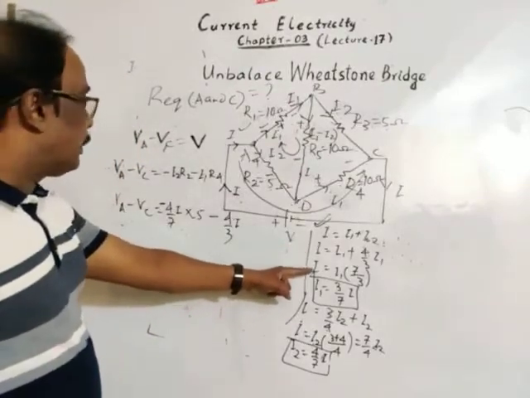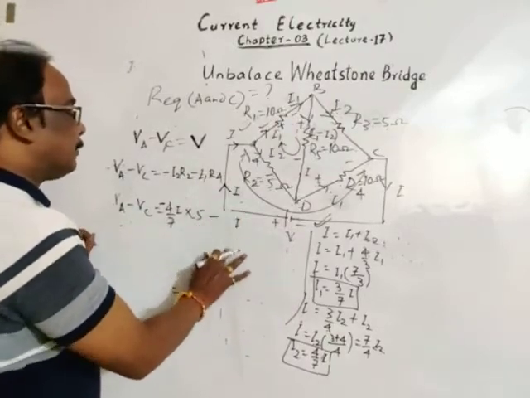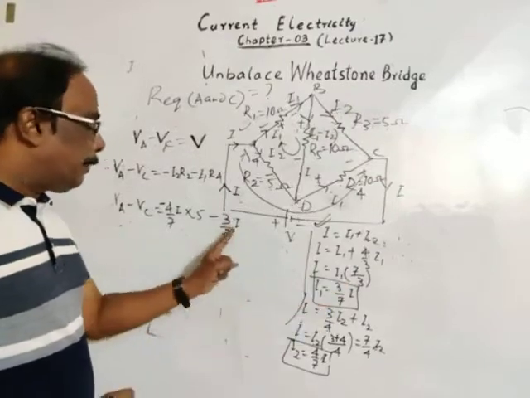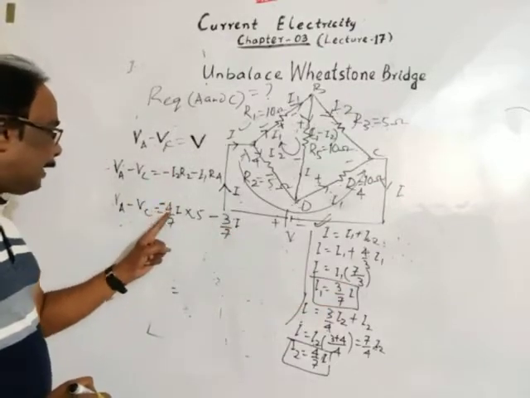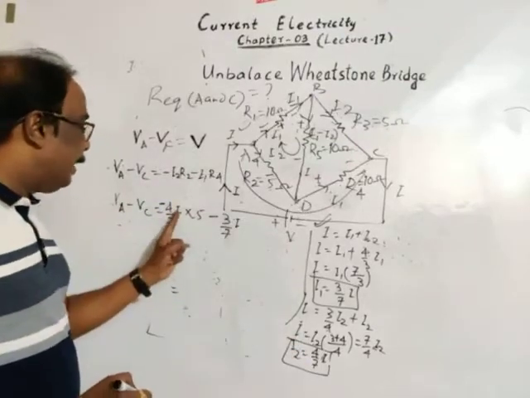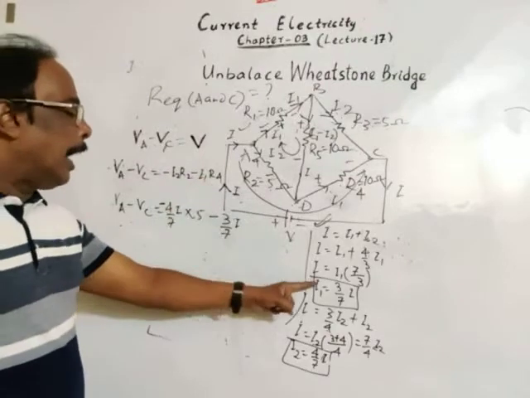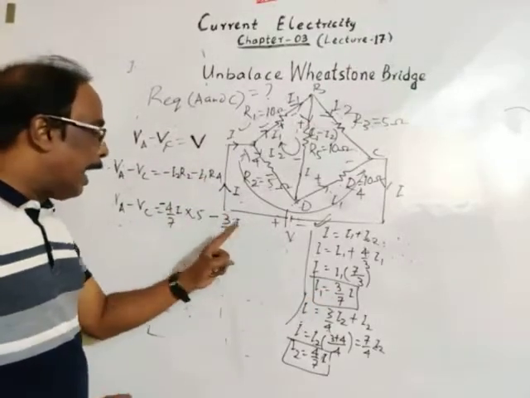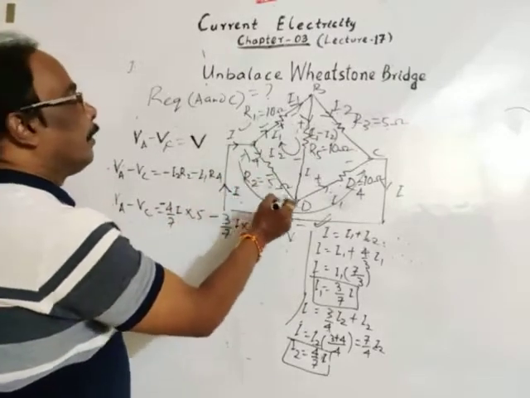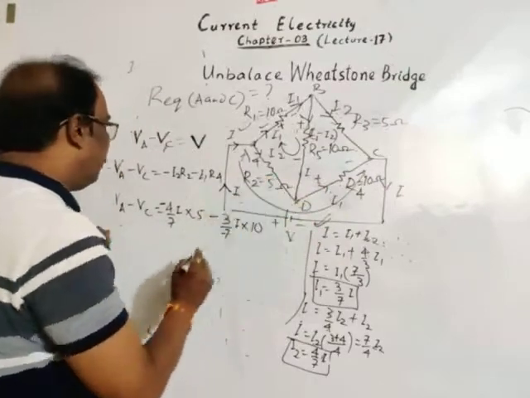I1 is equal to 3 by 7 I, into resistance R4. R4 is 10 ohm. Okay.